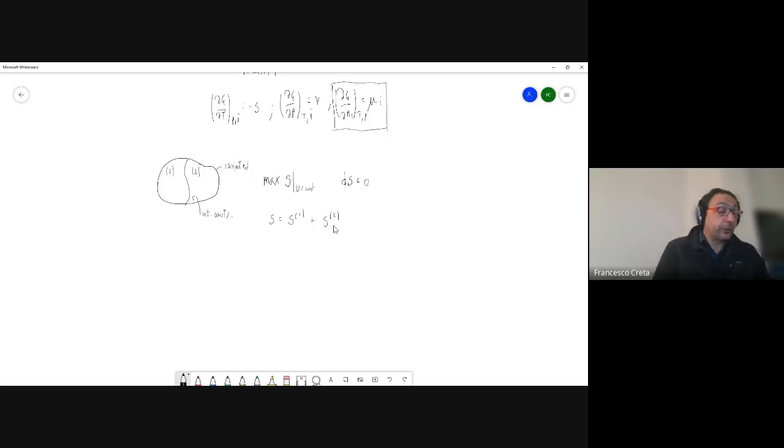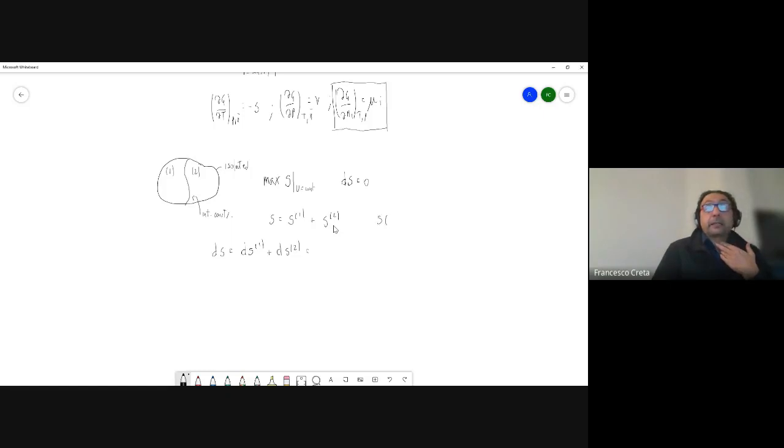So it's a diathermal wall, okay? So because we have to impose dS equals 0, let's calculate dS, which is essentially dS1 plus dS2, right? And, well, we're keeping essentially the volume and the number of moles constant, okay?